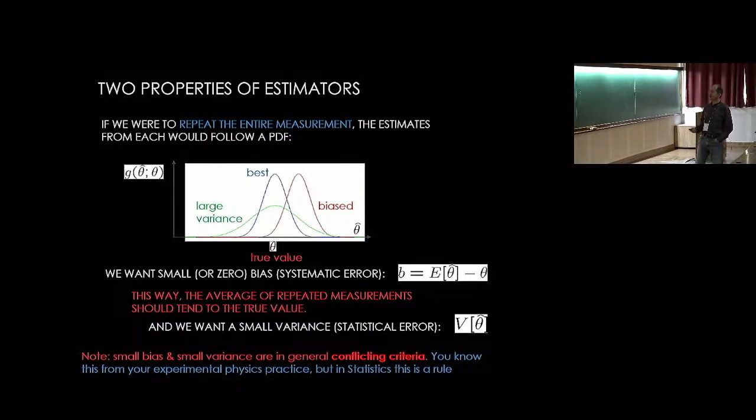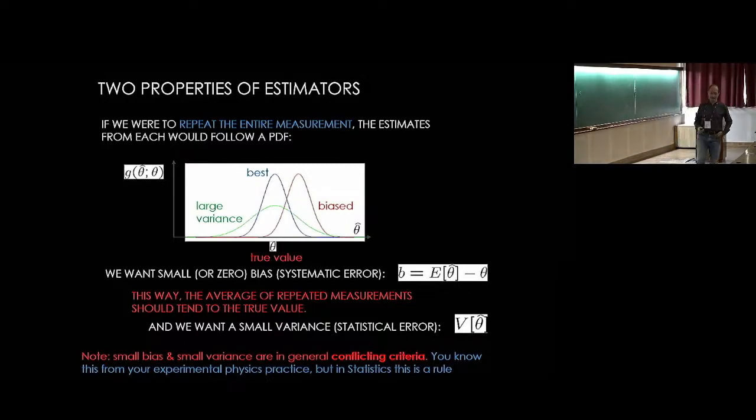Typically, the variance of an estimate is summarizing the stochastic part of the measurement, what can vary randomly. In the data set that you got, you have another data set, you have another data set, they distribute, and the variance is what tells you how much they distribute around.